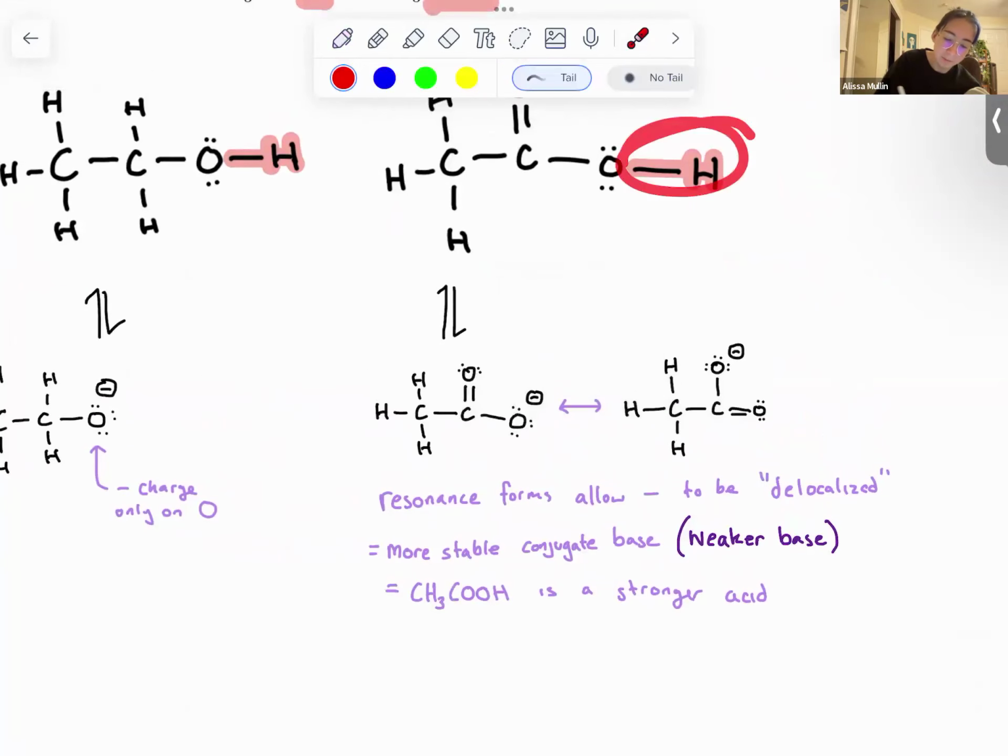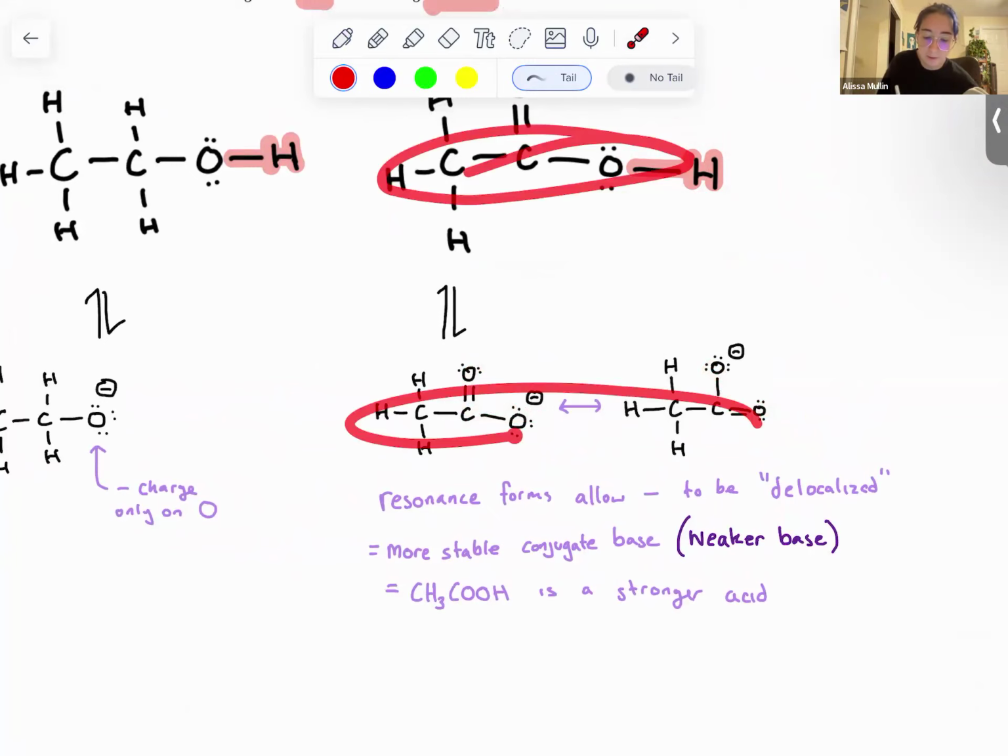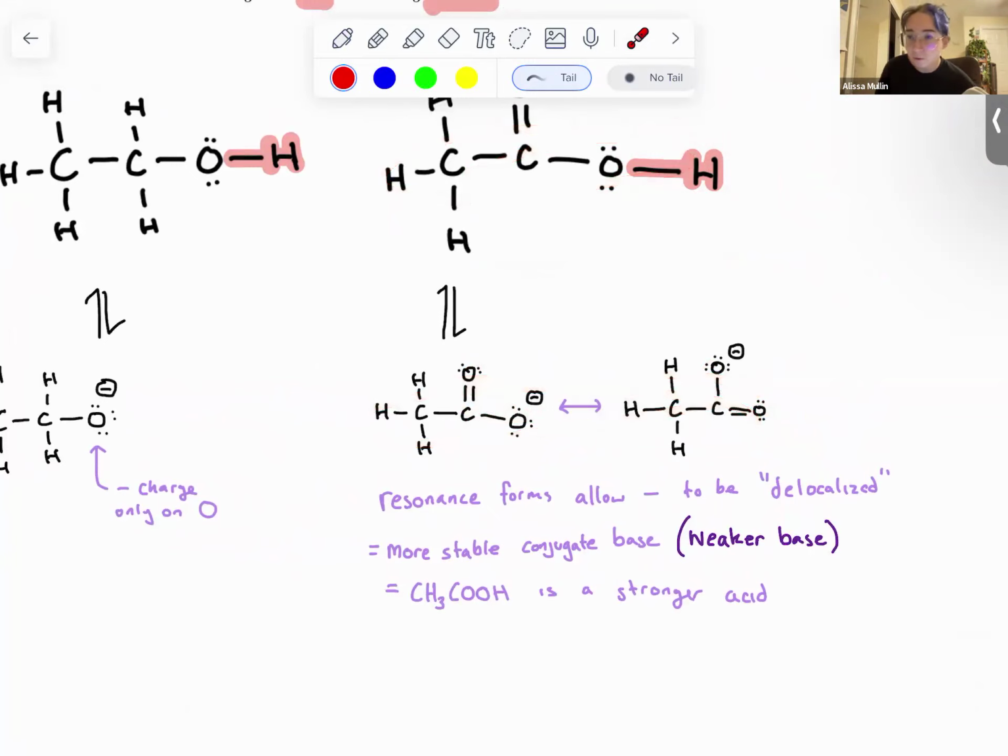It's able to be more acidic. It's able to lose this proton more easily because the form we get left over with is more stable. This process of changing from this form to this form is more favorable.